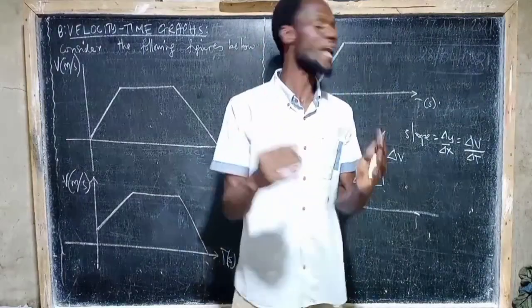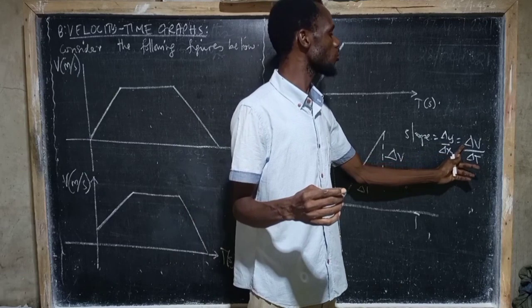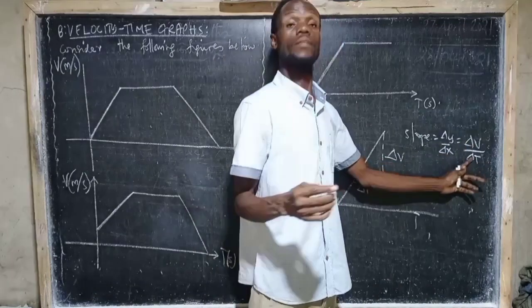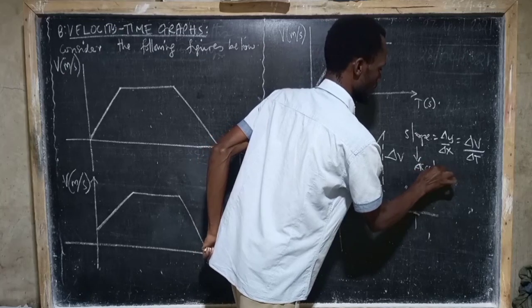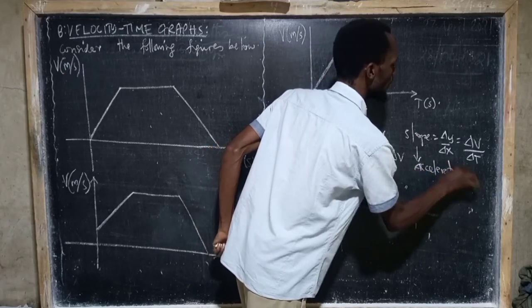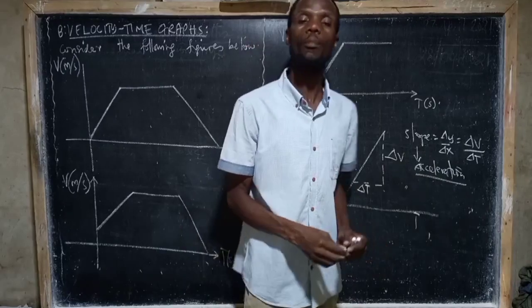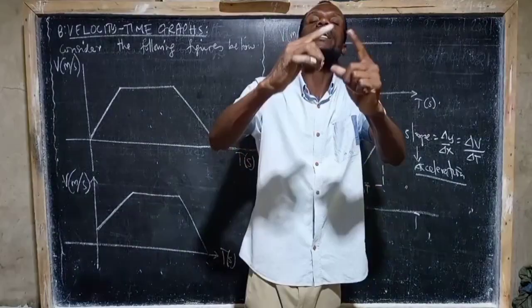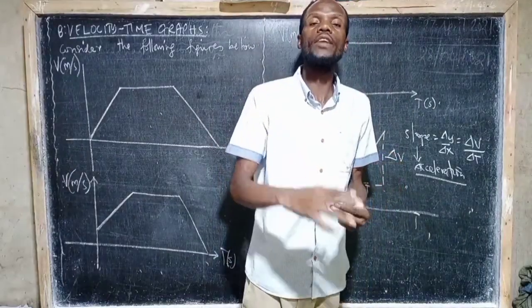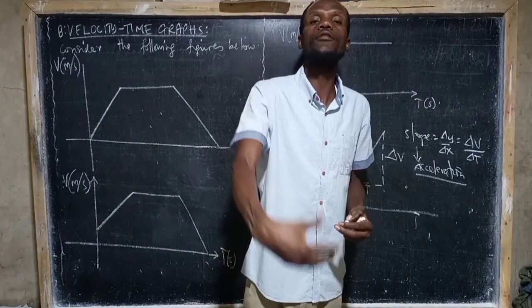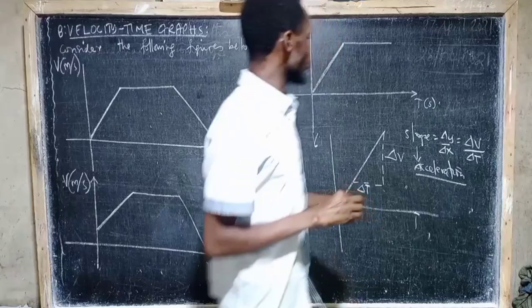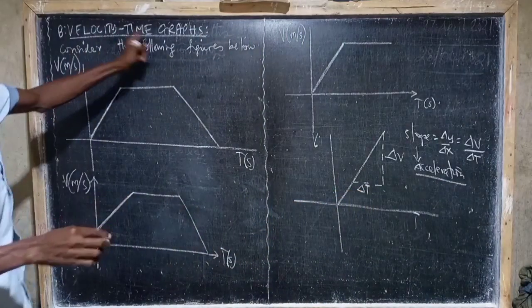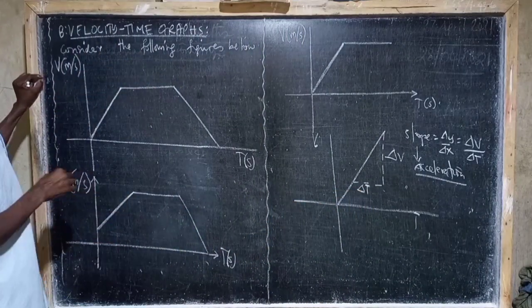If that is the case, the slope here is equal to the rate of change in velocity. This means that the slope represents acceleration. So acceleration is represented by the slope of the line, and it should be an inclined line, because we have inclined lines and also horizontal lines. So the slope of the velocity-time graph represents acceleration.